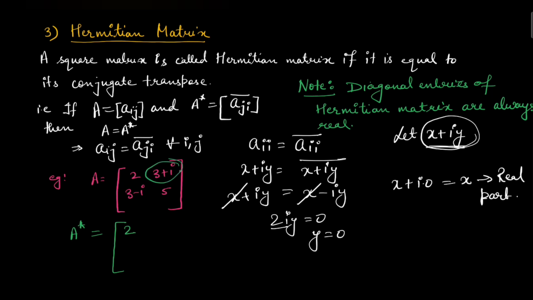It is 3 minus iota, and I have to apply transpose also. So this 3 minus iota will be placed at this position, and this will be 3 plus iota and 5, and we can clearly see that this is the same matrix A. So this is one of the examples of a Hermitian matrix. I hope this is clear.